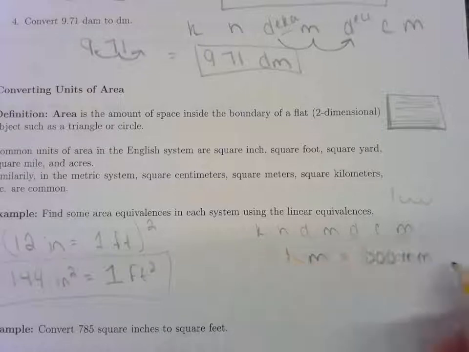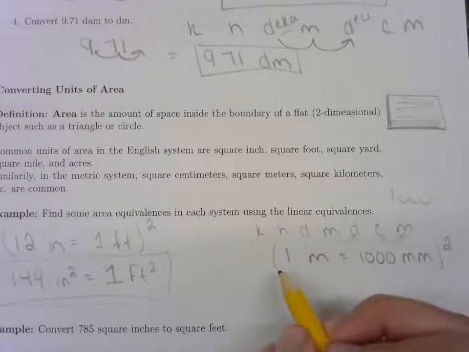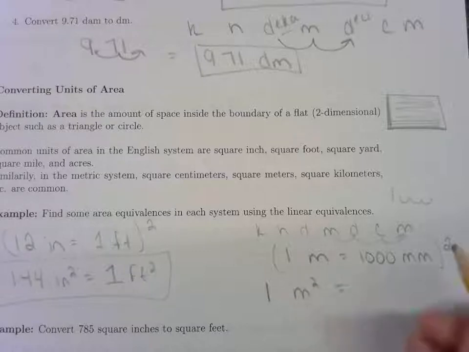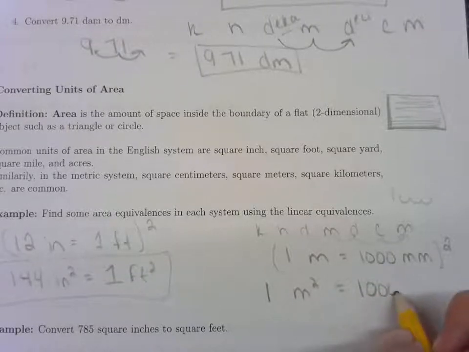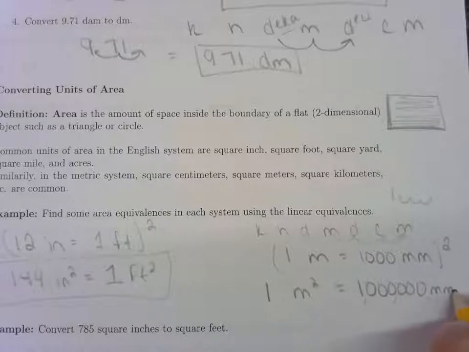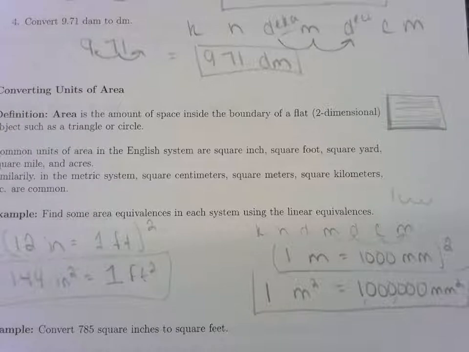Now if I want to go to square, we have 1 squared is 1, meter squared is meters squared, 1,000 squared is 1 million, and then we have millimeters squared. So there's our area equivalents for the metric system. The metric system has one more step because we're not used to writing the linear equivalents for that.